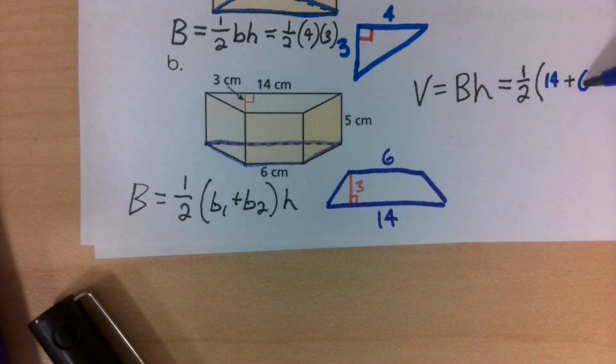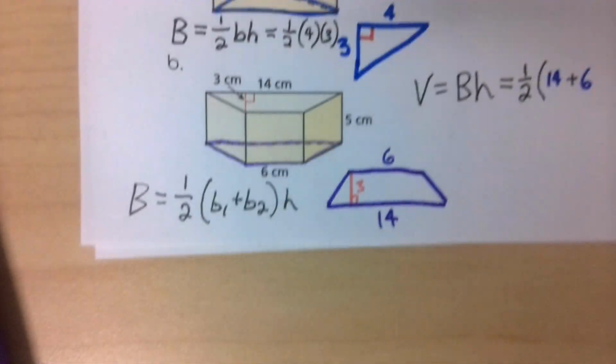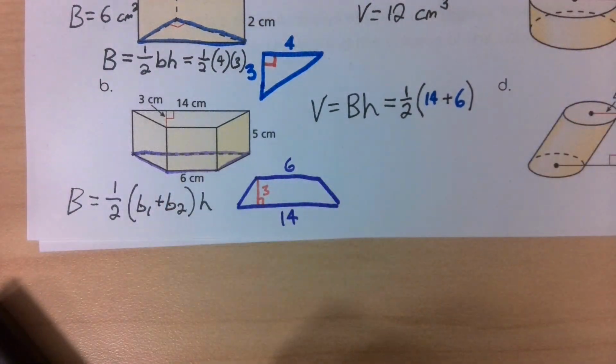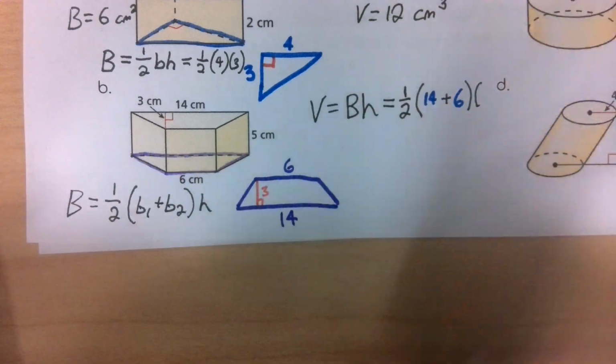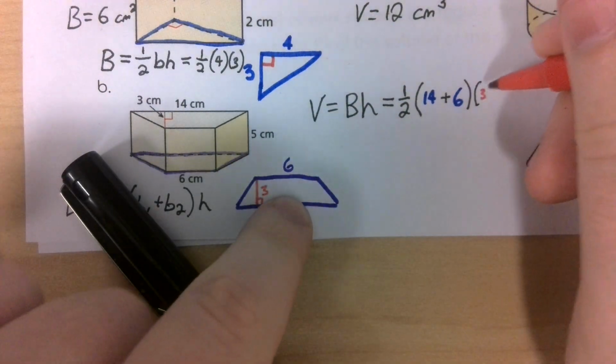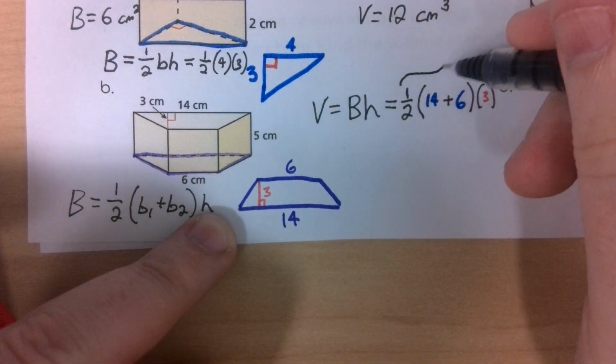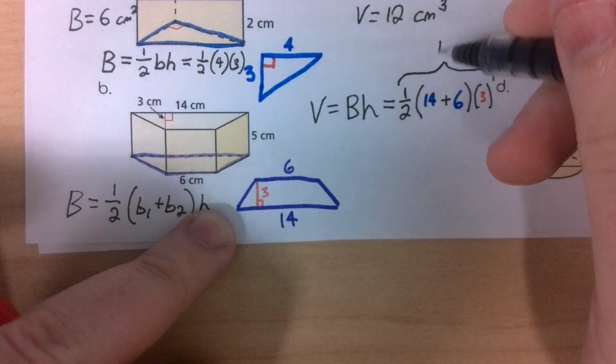Base 2 looks to be 6, so I'm going to put a 6 here. The height of the trapezoid is 3, so this is going to be times 3. This part of our formula is just b. This is the base of the shape.